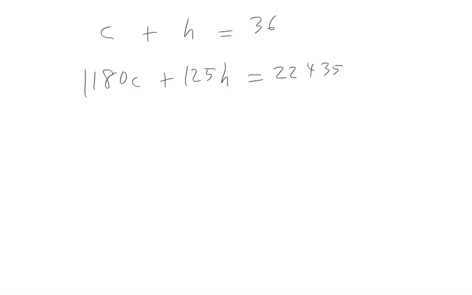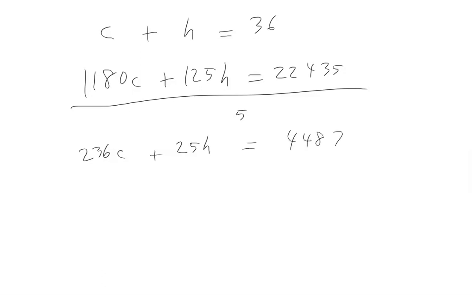Now we'll simplify that problem by dividing everything by 5. So if I divide 1180 by 5, then I'll get 236C. If I divide 125 by 5, I'll get 25H. If I divide 22,435 by 5, then I'll get 4487.